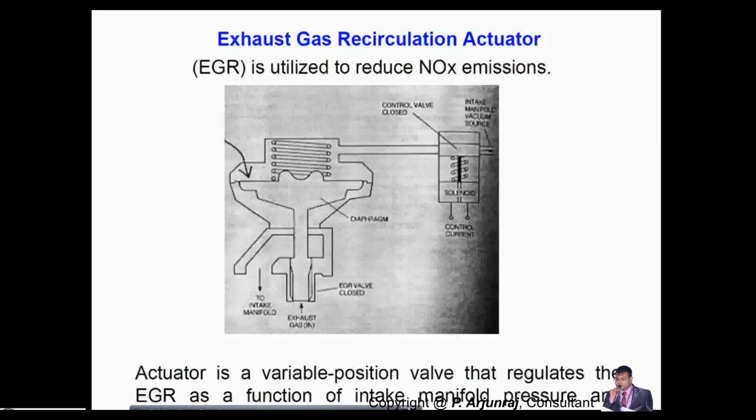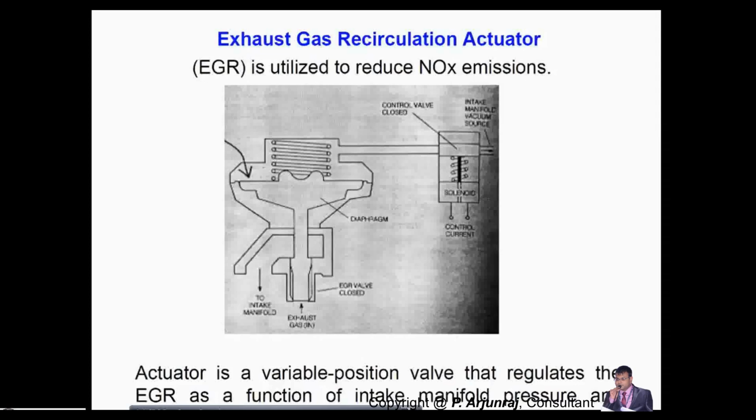The quantity of exhaust gas recirculation happens with the help of a valve, and the valve is one example of an actuator. And similarly, the throttle valve also. You have a throttle position sensor, but the throttle valve is basically an actuator.